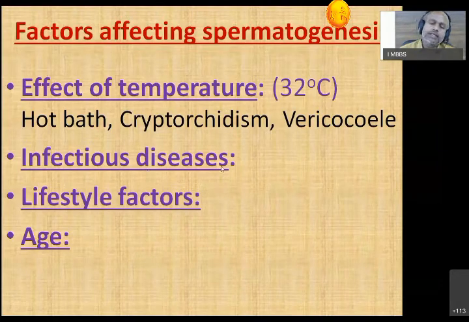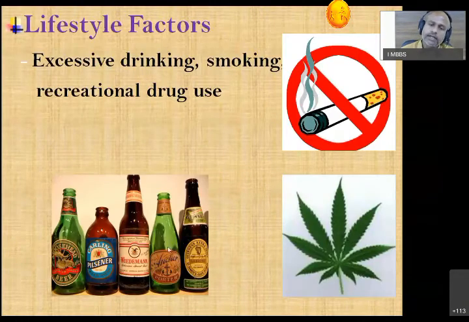Infectious diseases. About 100 years back, diseases like mumps and measles caused orchitis, that is inflammation of the testes. Viruses will cause sterility in males because of inflammation of the seminiferous tubules. Lifestyle factors affecting spermatogenesis, and age, we'll see in the next slide.